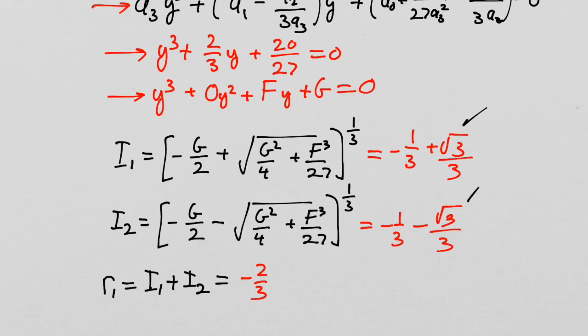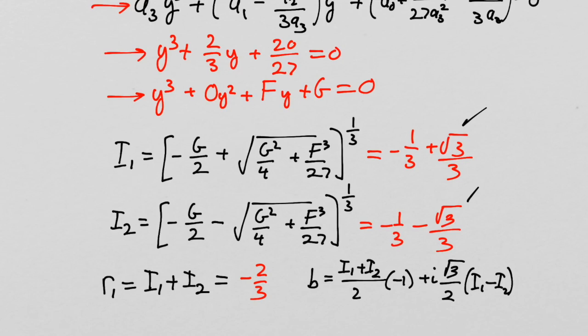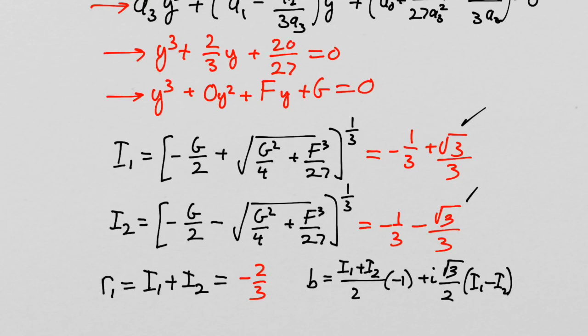And then the next root is these complex pairs, but B is going to be minus the quantity I1 plus I2 divided by 2, so I'll just go times -1. And then it is plus i times the square root of 3/2 times I1 minus I2. And then, of course, B conjugate is the same thing, but you will have this plus replaced by a minus.